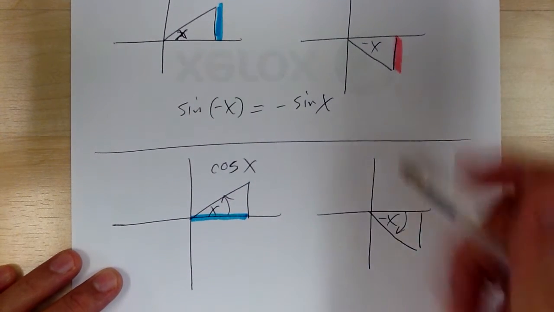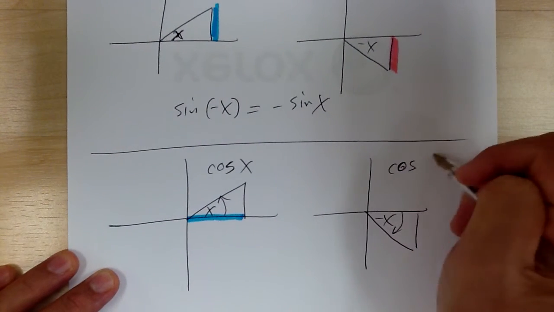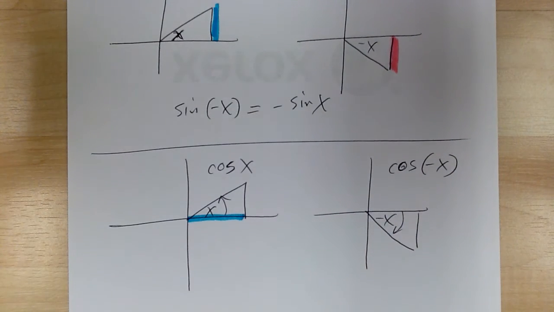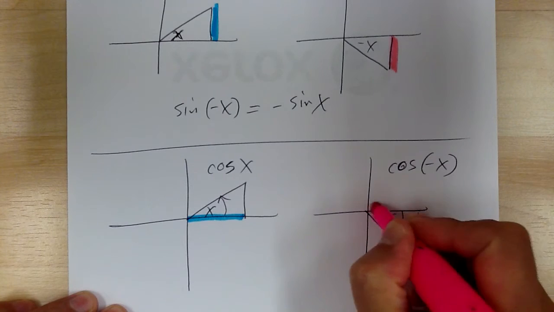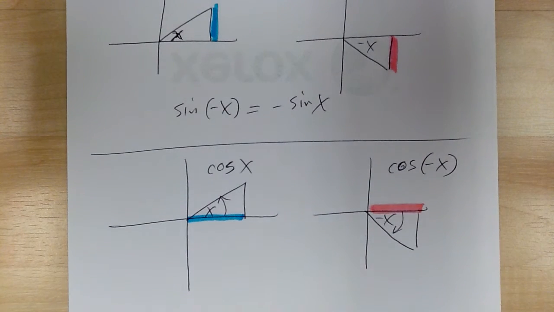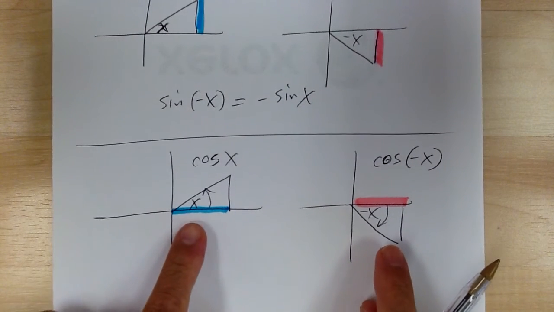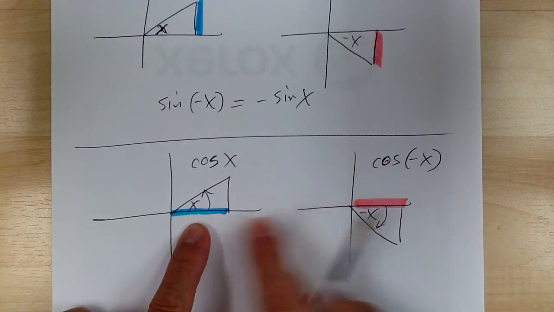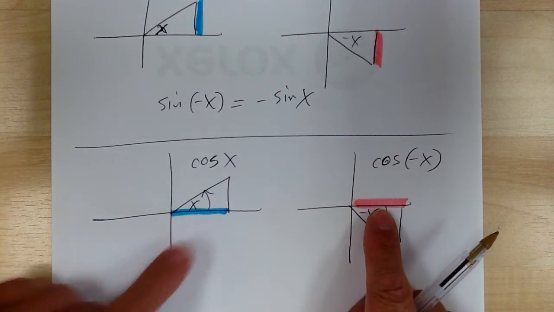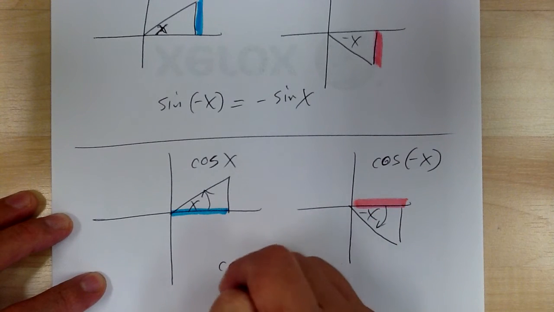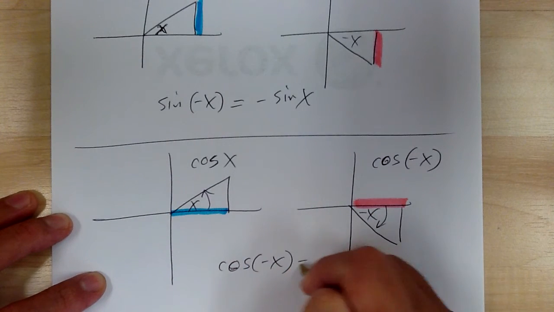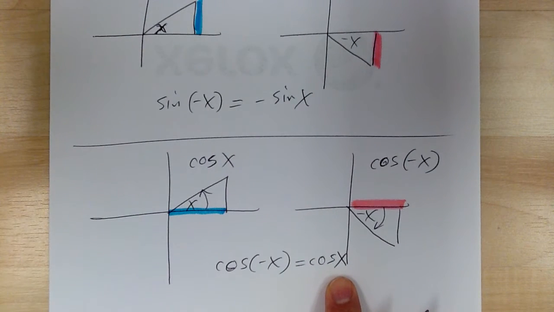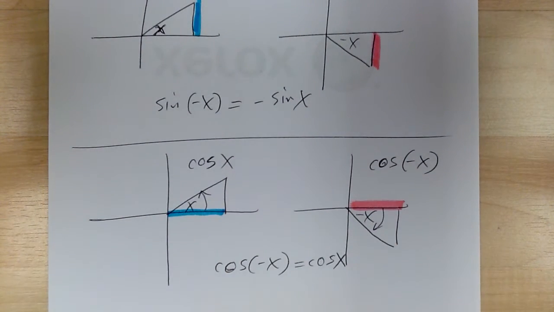So for cosine of negative x, again remember x is the angle, right? So over here cosine of negative x is right over here, it's horizontal, right? Now if you look, cosine of x is this over here, cosine of negative x is over here. Are they the same or opposite? They're the same, right? So if they're the same, then they're equal. So cosine of negative x is equal to cosine of x. That's where that came from, because they're the same.